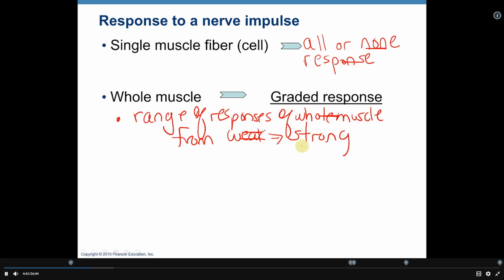This means that the muscle can produce a small amount of force, perhaps the amount of force that you need to produce to lift your textbook, which is about 5 pounds, or it can produce a lot of force, maybe 150 pounds worth of force to lift a 150-pound barbell. So a graded means a range, and a whole muscle is able to do that. And we actually need to be able to do that for proper control of skeletal movement.